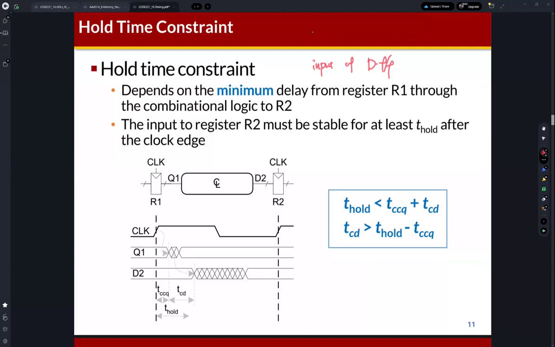So this is the rising edge, and during this T hold, the input needs to be stable. This is the hold time constraint. Then how can you analyze the hold time constraint in this circuit? You need to also focus on D2.